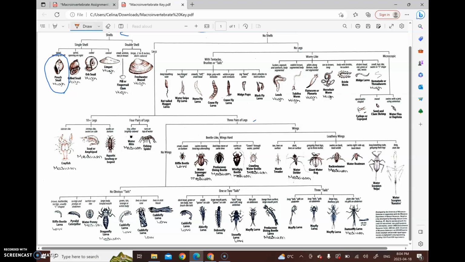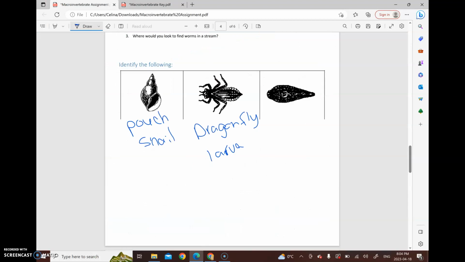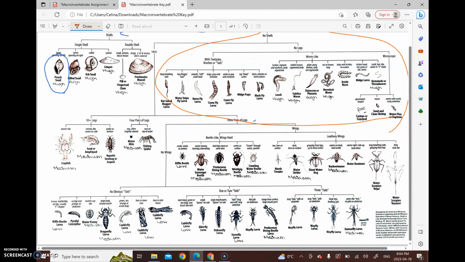So now I'm looking at this section here. Let's go back to my picture. It looks pretty fat. So I'm going to look at my pictures.